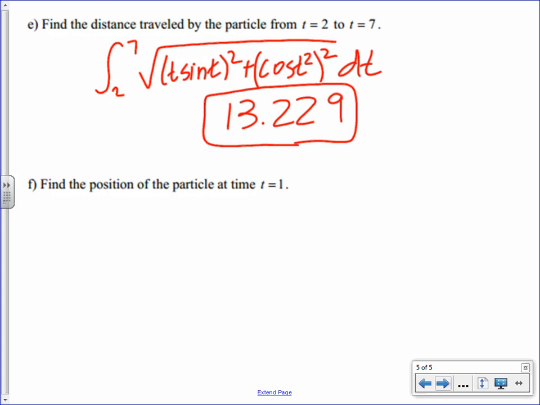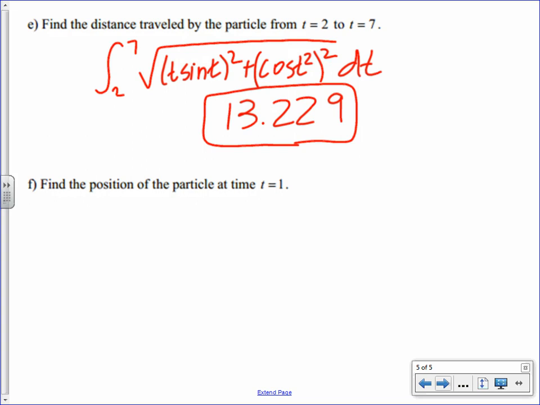Okay, now we want the position of the particle at time t. This is also on the back. Okay, we know velocity, how do we get to position? Anti-derivative. Just one question, what was that point again? 1, 4.